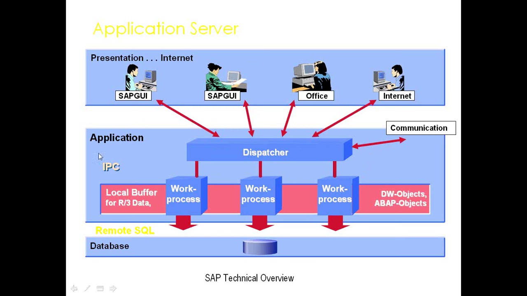We are using SAP in this application layer. That means SAP does not contain any data; data is obviously contained in the database. What SAP does is take your request, process it with different mechanisms using the components we have in this application layer, go to the database, fetch your information and give it back to the user.